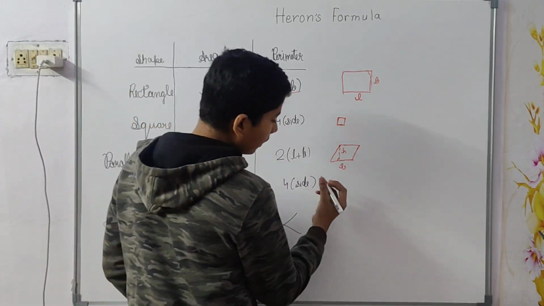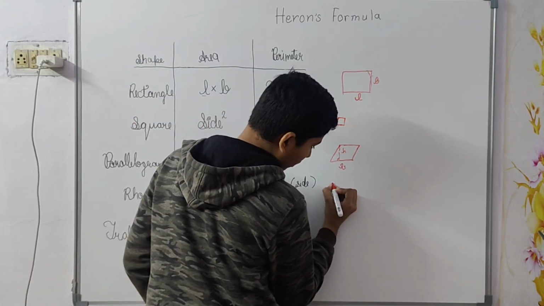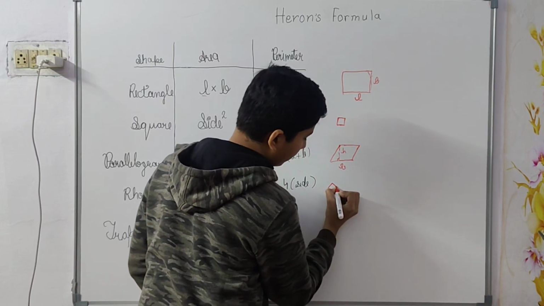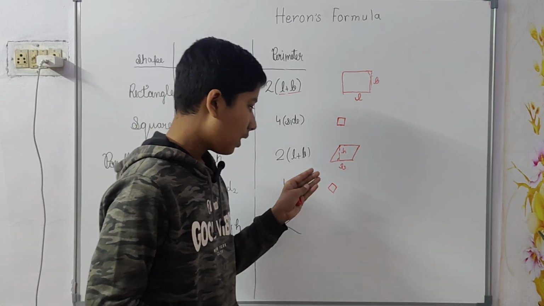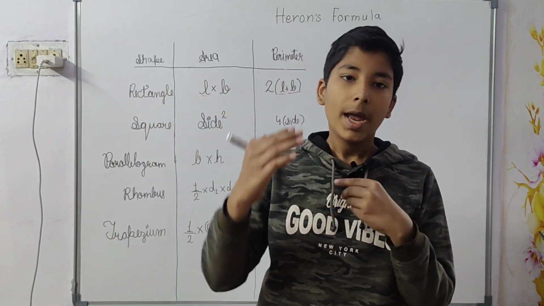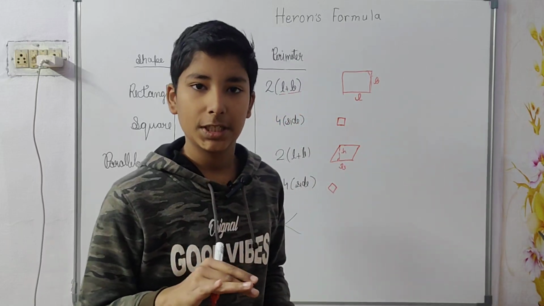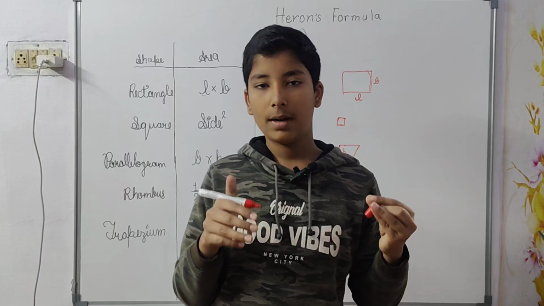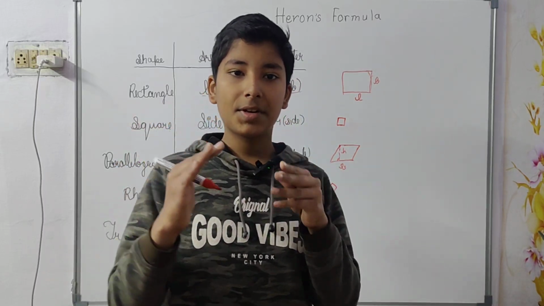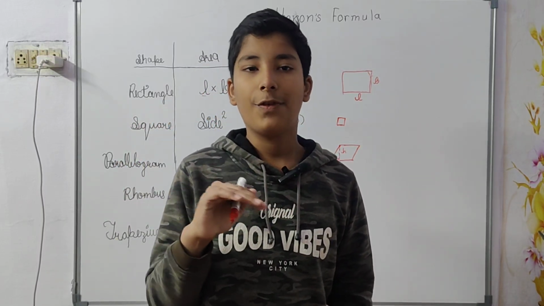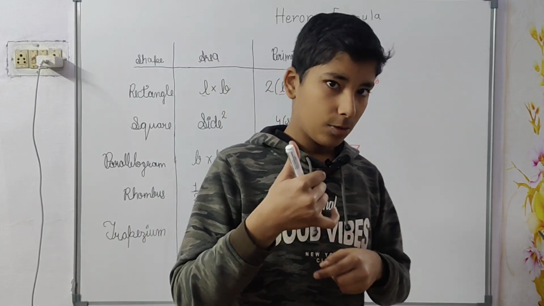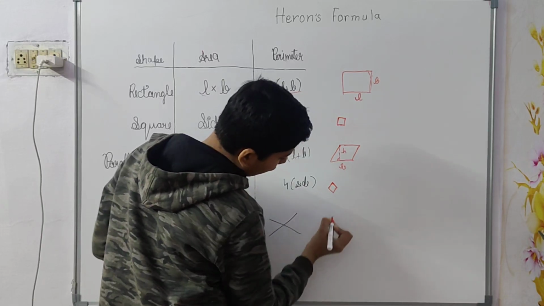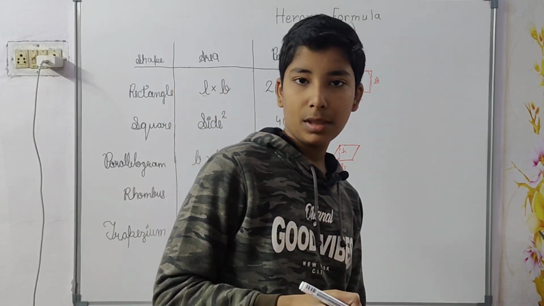Now rhombus. What is a rhombus? It is of this shape. This is a rhombus which has four sides that are equal to each other. But the difference between a square and a rhombus is that the 90 degree angle is not formed between its sides.